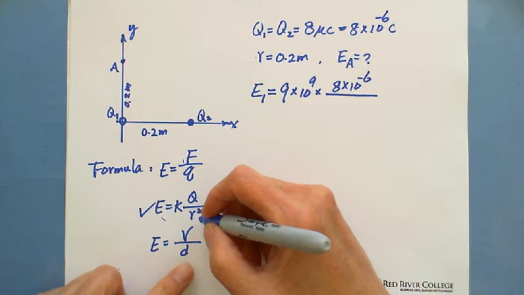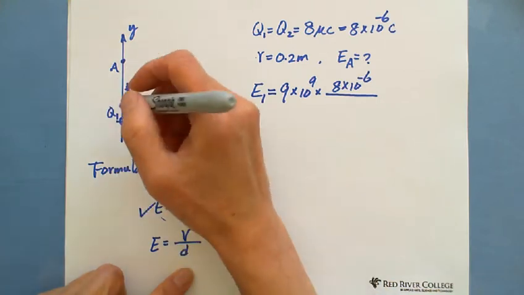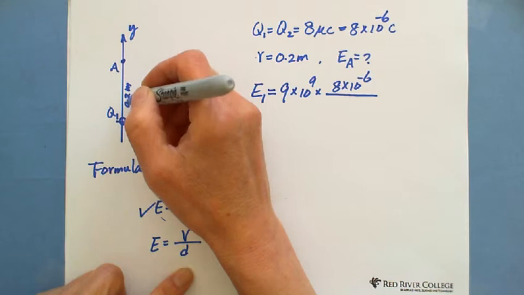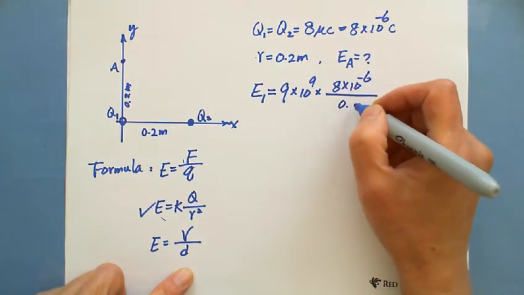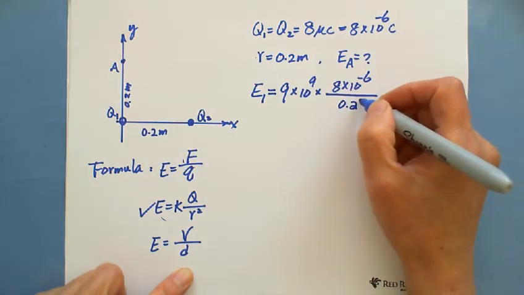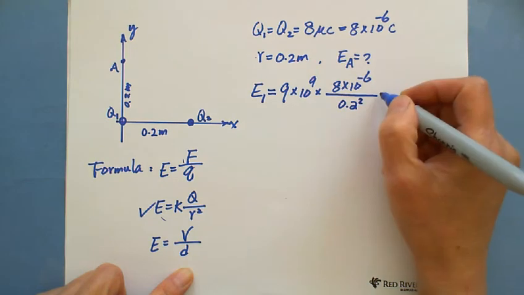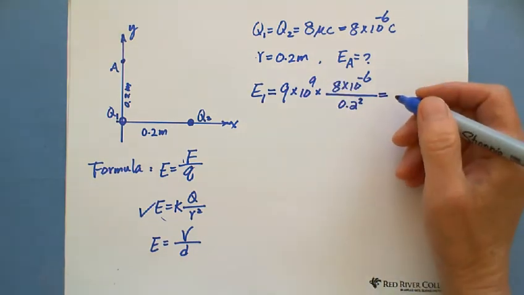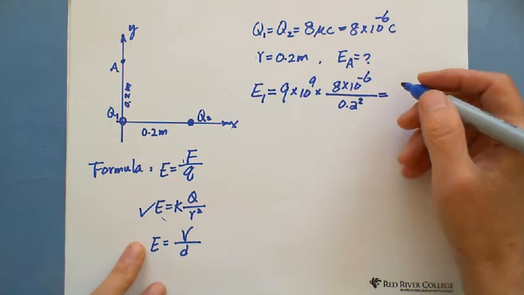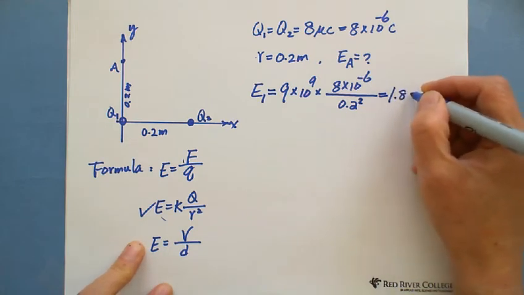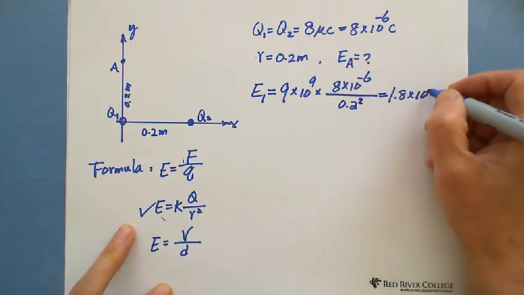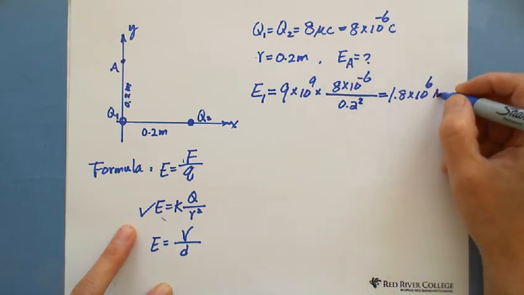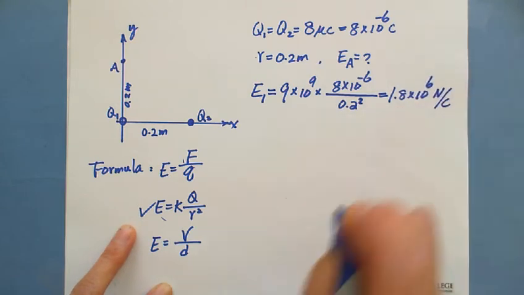At the bottom, r squared is the distance from the point we're looking for to the charge. This is 0.2 meter, 0.2 meter squared. Then we can calculate this. We got the answer 1.8 times 10 to the 6. The unit of electric field strength is newton per coulomb.